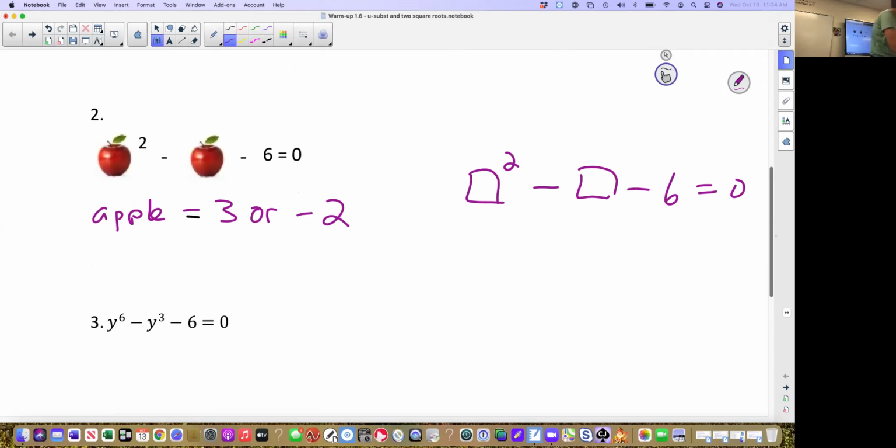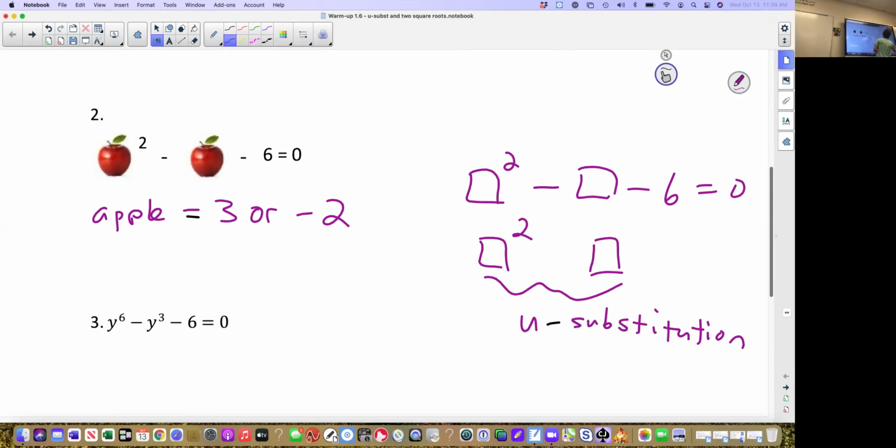This is the case where we can do U-substitution, which is what we said last class, just trying to review that. That's what we're looking for, the pattern where we have something squared and then something, and we can have different constants in front of them.